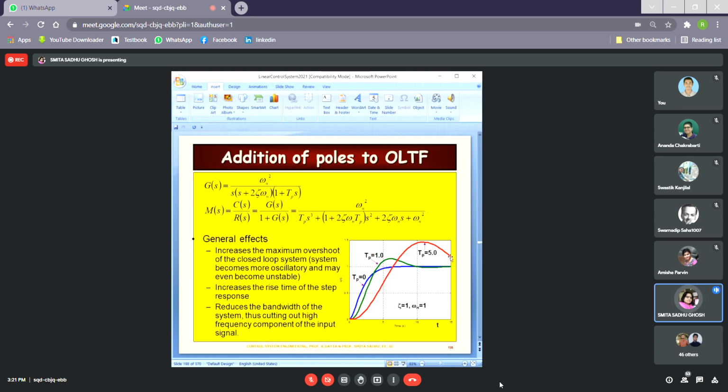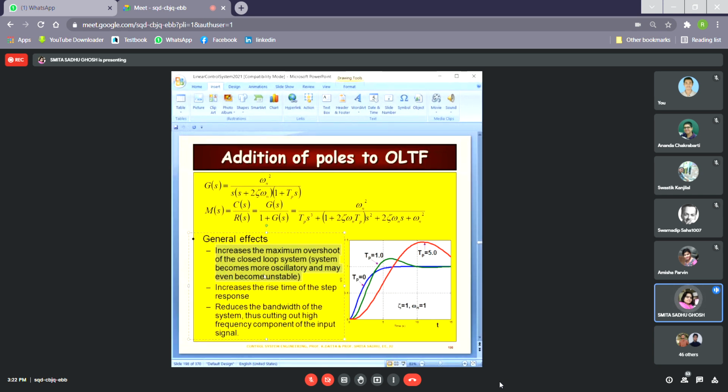Basically, a critically damped response has now become a peaky response, right? And by successively increasing the Tp value, the peak is increasing. So the overshoot has increased, and the response has also become more oscillatory. This is a general effect that will occur when one pole is added to the open loop transfer function for a second order system.